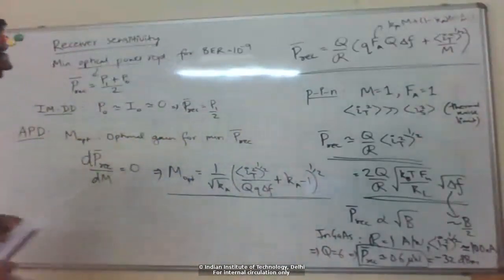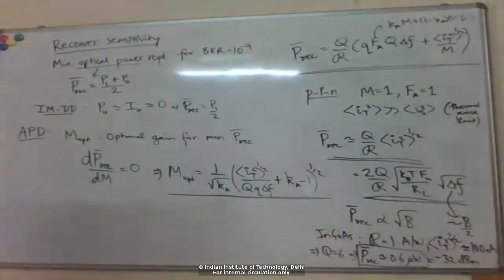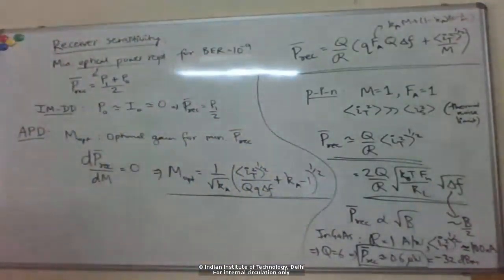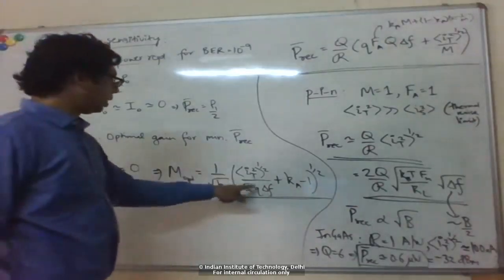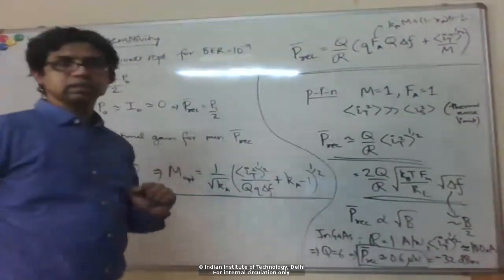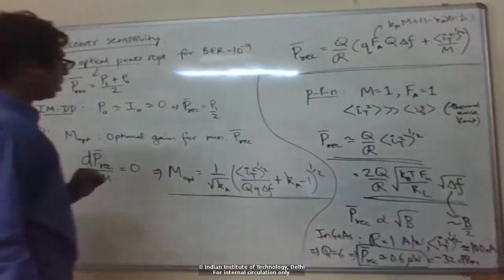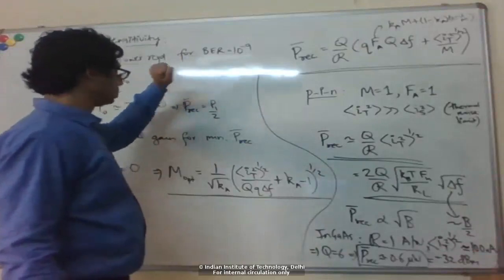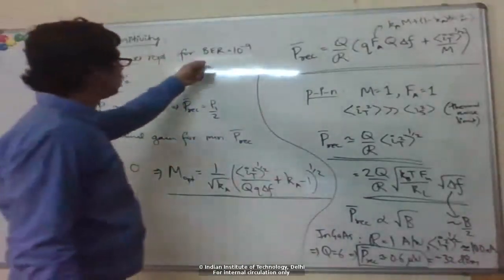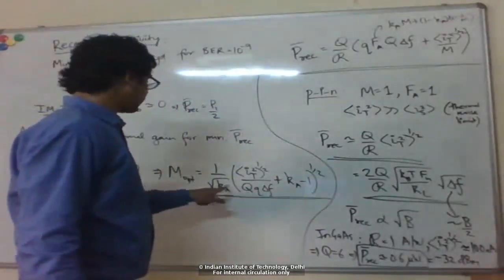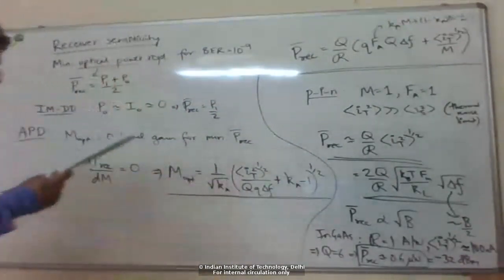Of course, it depends on this k_A factor, which is the ratio of the electron to hole impact ionization rates. And you can see that as Q increases, your optimum gain is decreasing. So if you want to operate at a higher bit rate, sorry, a lower bit error rate, that means a high value of Q, that means actually your optimum gain is lower.